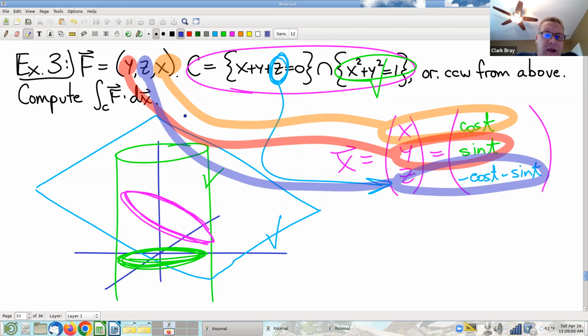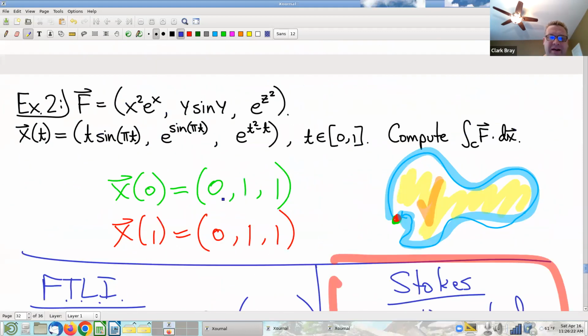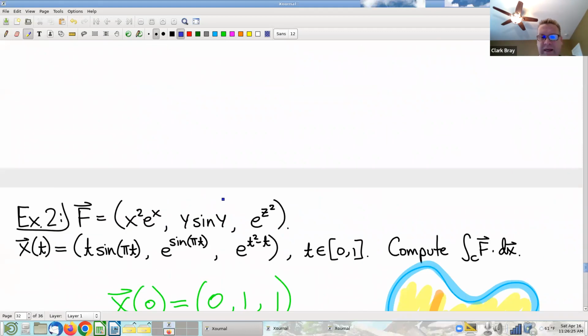So don't feel like you're obligated to use fancy theorems just because they exist, right? You're welcome to look for the reasonable opportunities to use them when they turn out reasonably, like this, because it works out reasonably. And just for comparison, if you were to just plug and chug on this one, not reasonable.